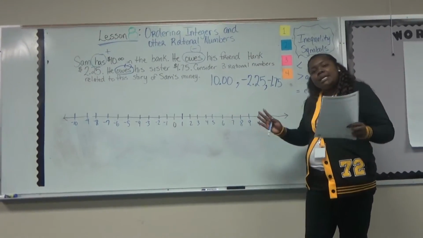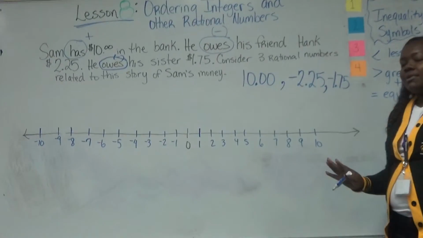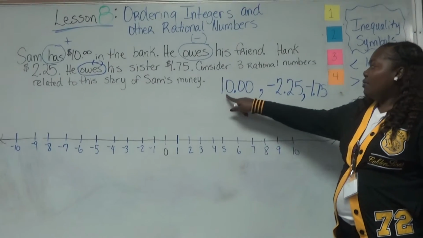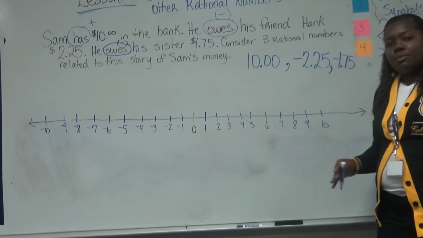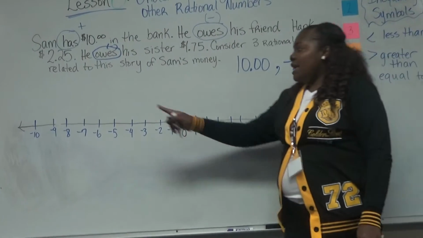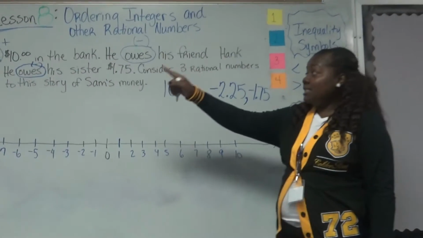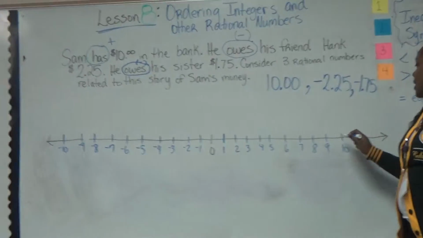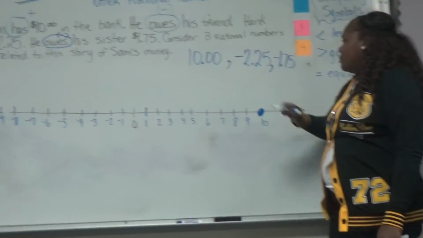Some of them will be easy to put a dot on, and some will be a bit difficult, but only a little bit. The first one is 10. Ten will fall directly on the point. Will I go to negative 10 or positive 10? The positive 10, because Sam has $10. So I'm going to put a big dot on 10.